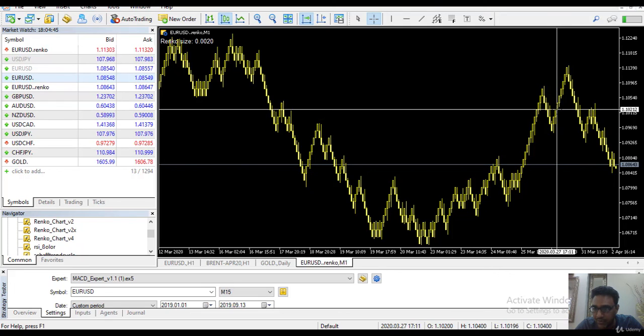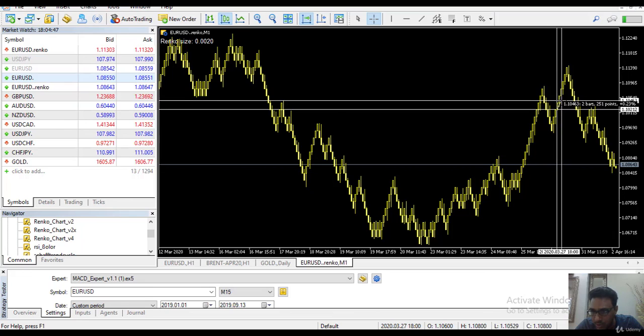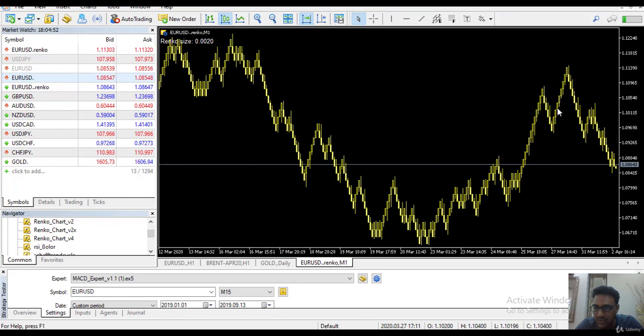Okay, so it has moved almost 3 bricks, so 600 points. These 3 bricks, 1, 2, and 3, represent the 1 hour time frame on our 200 pips brick size, right? So this is how you can use brick sizes or Renkos in our charts.